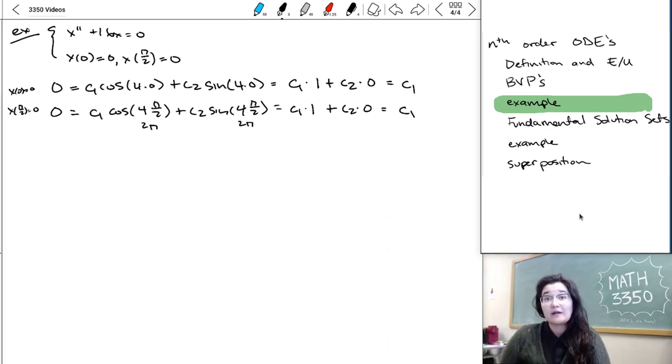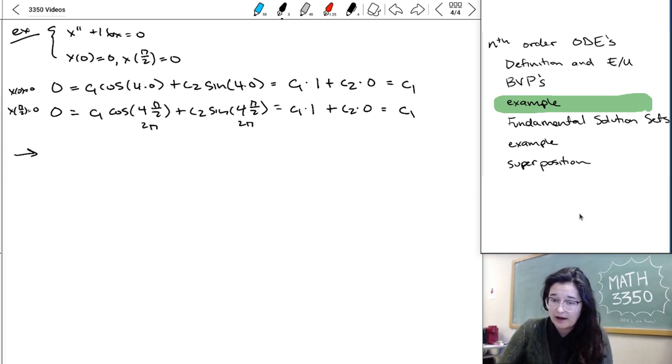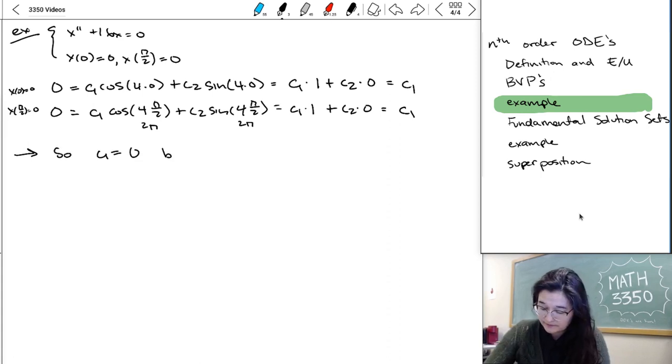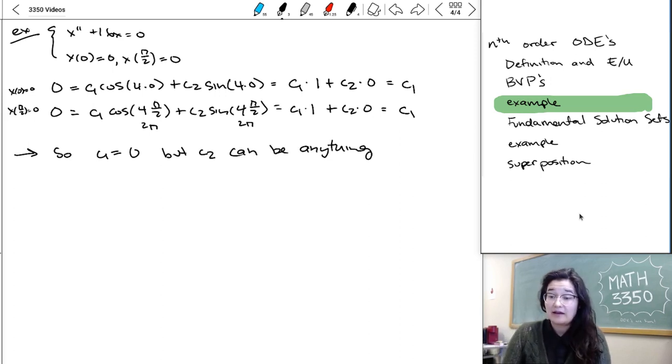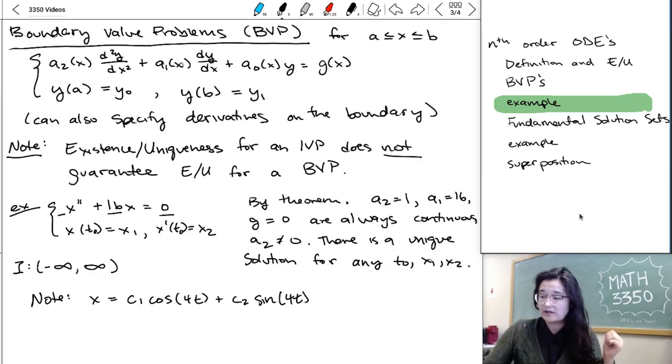So I just get c1 again. So when I try to find what c1 and c2 are, I know that c1 is equal to 0. But c2 could be anything. So for example, x equal to 0 cosine 4t plus 4 sine 4t would be a solution. c2 equals 4 is fine.